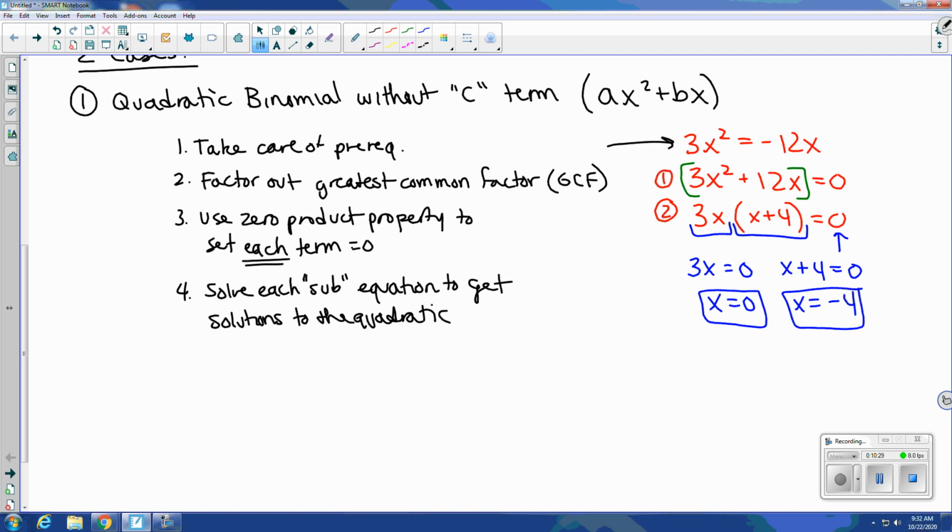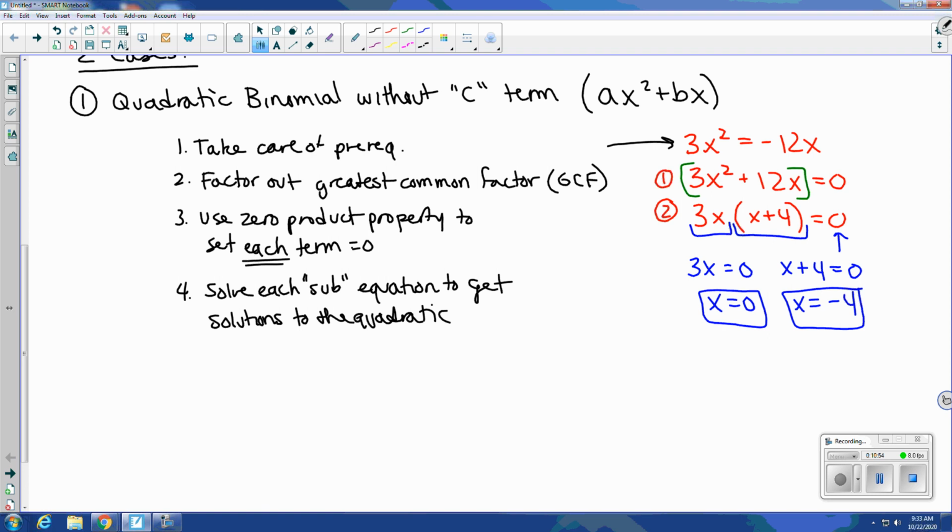Confirmed. If x equaled negative 4, well, negative 4 squared is 16 times 3 is 48. So I'd get a 48 on this left side if I plugged in negative 4. If I plug in negative 4 on the right side, negative 12 times negative 4 is also positive 48. Well, 48 equals 48. So negative 4 also makes the equation true. So that is our goal when solving. We're trying to determine values of x that make the equation true.